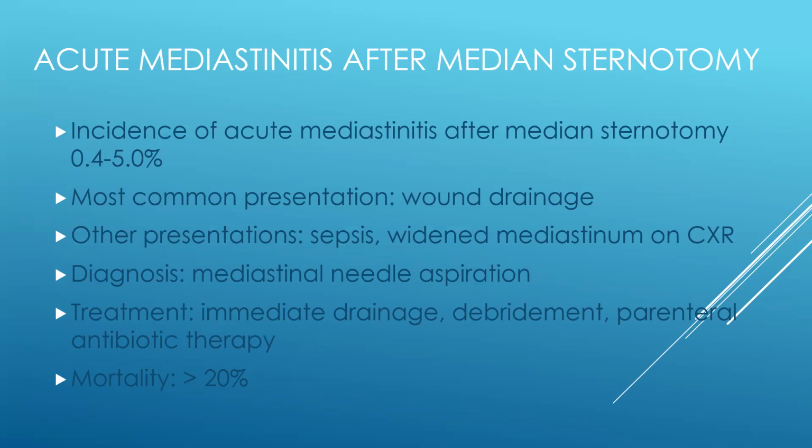So after the patient undergoes bypass, you would have to subject them again to a repeat surgery just so you can remove that pus inside the mediastinal area. While waiting for the surgery, we have to start the patient on IV antibiotics, usually broad spectrum, just to start the eradication of that bacteria. Mortality, however, is still quite high. It's more than 20% even after doing your management.